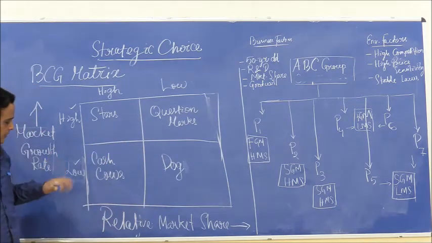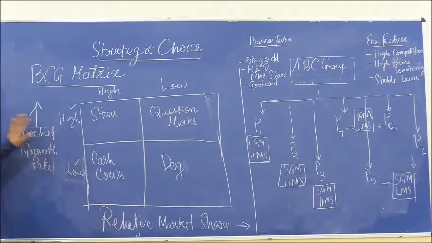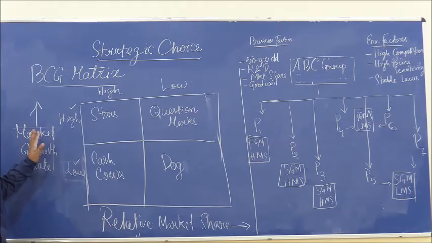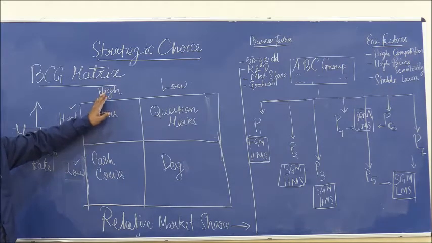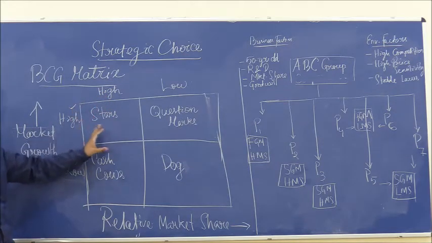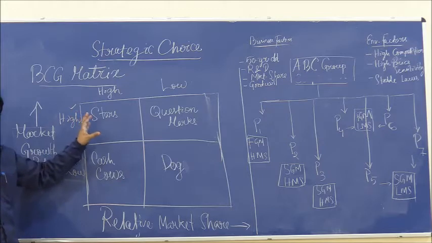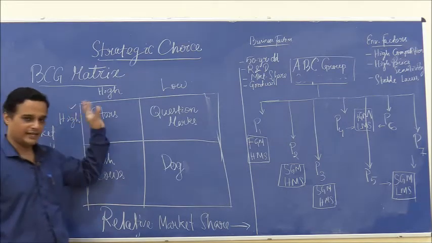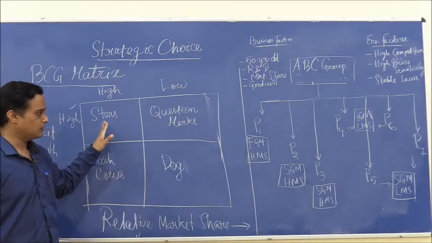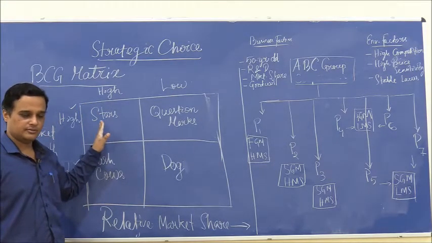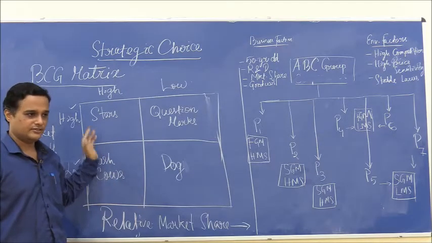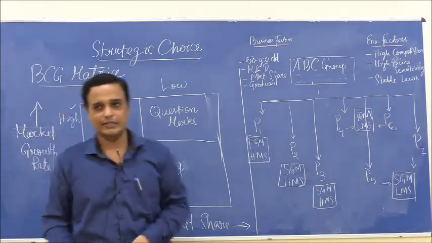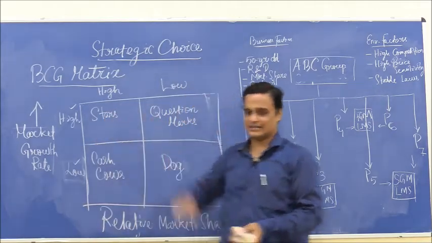Here we will see that high growing markets or fast growing markets, markets with high growth rate, and the business, if it has a good market share, a high relative market share, then these SBUs, these product lines, these sister concerns, these firms, these brands, are termed as stars.